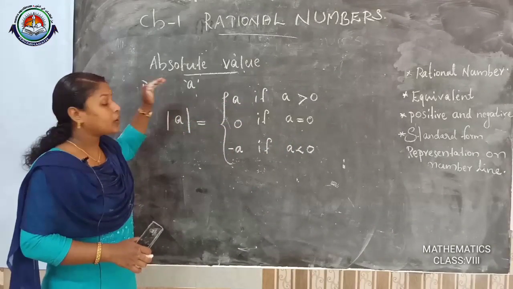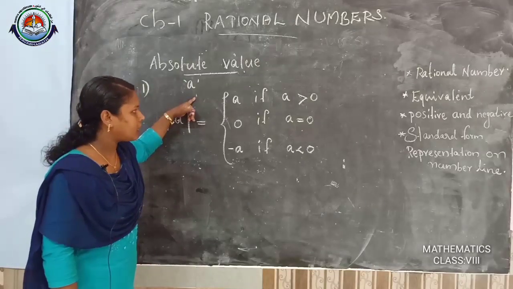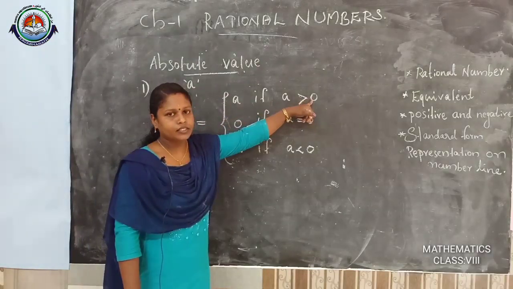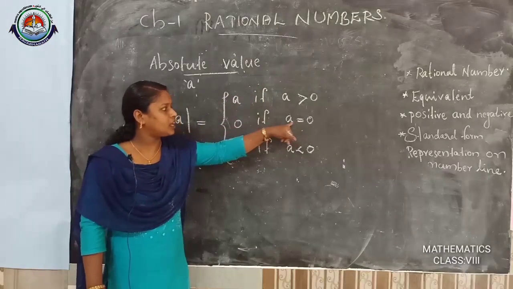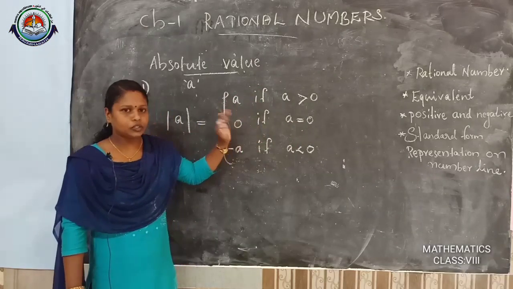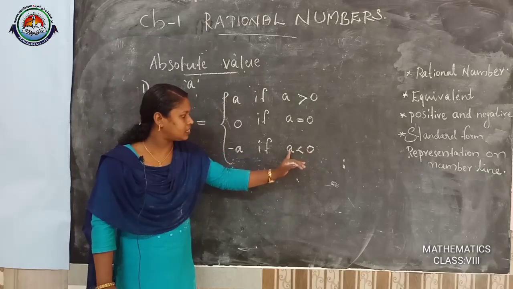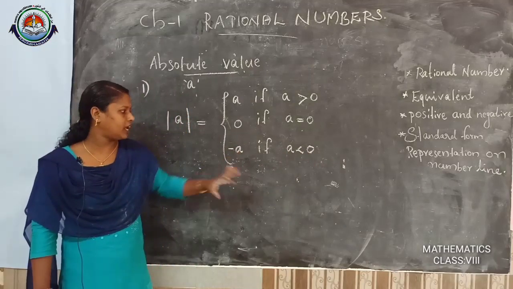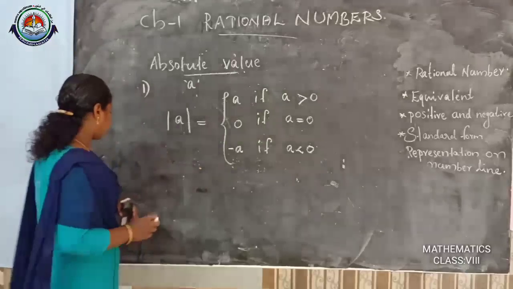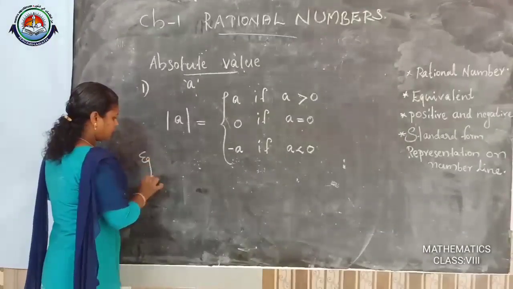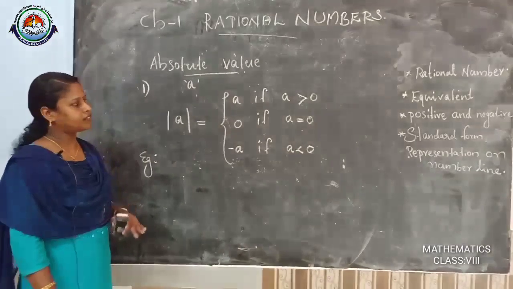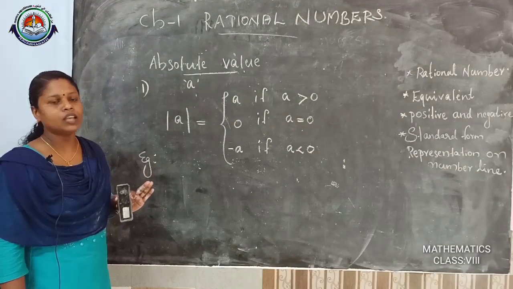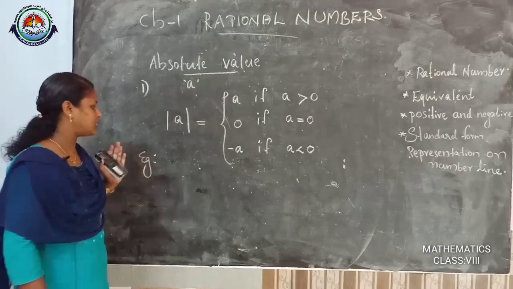For any rational number A, if A is greater than 0, its absolute value will be A itself. If A equal to 0, no issue, 0 itself. And if A less than 0, it is negative A. Listen, for example, we can consider the first case, A greater than 0, which means all positive rational numbers.